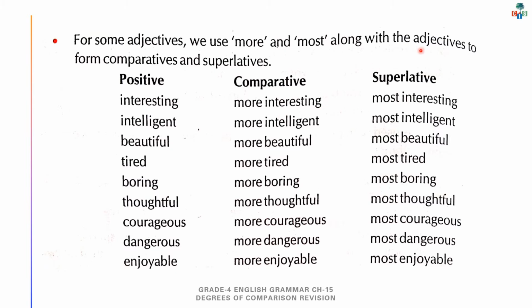And for superlative degree, we use most interesting. Interesting, more interesting, most interesting. Intelligent, more intelligent, most intelligent. Boring, more boring, most boring. So there are some adjectives that do not take an ER or EST to form comparatives and superlatives.